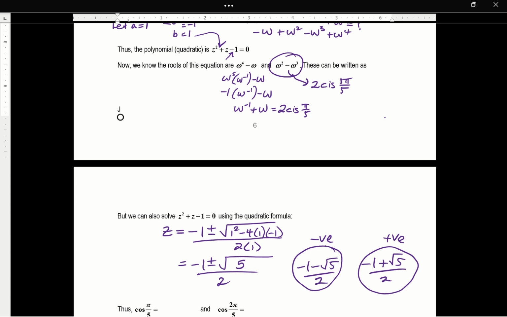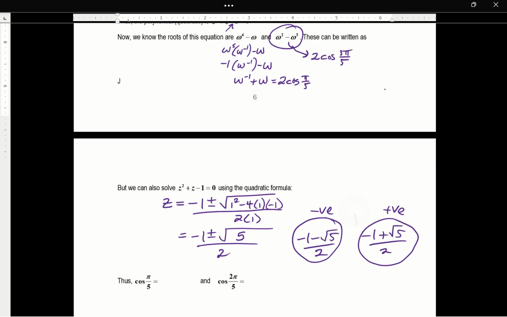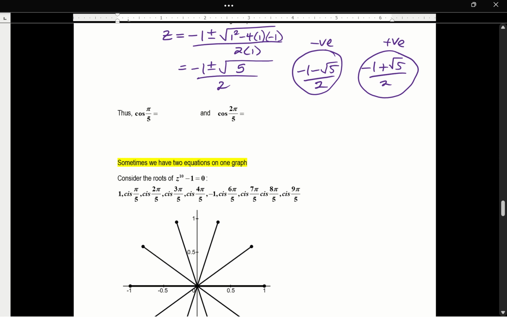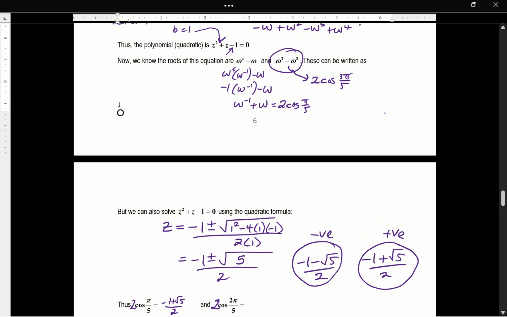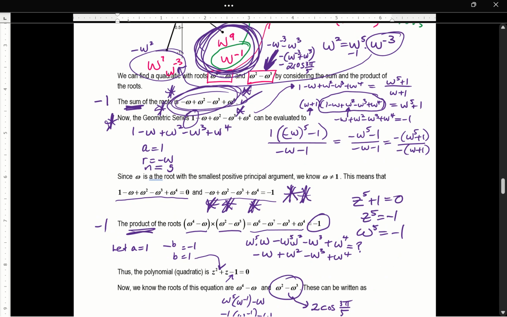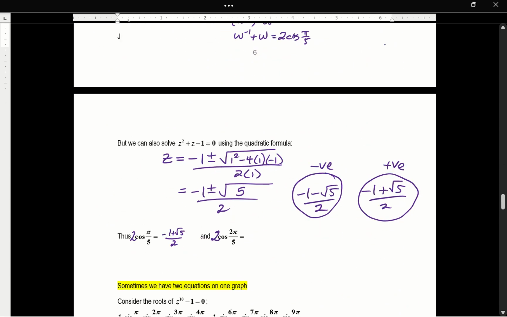Not cis. What did I mean? Cos. All right, cos pi on 5 is positive. Cos 3 pi on 5 is in the second quadrant, so it's negative. So the 2 cos pi on 5 is equal to the positive one. And 2 cos 3 pi on 5 is equal to the negative version.